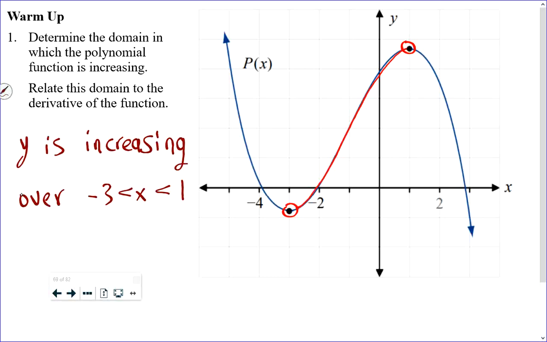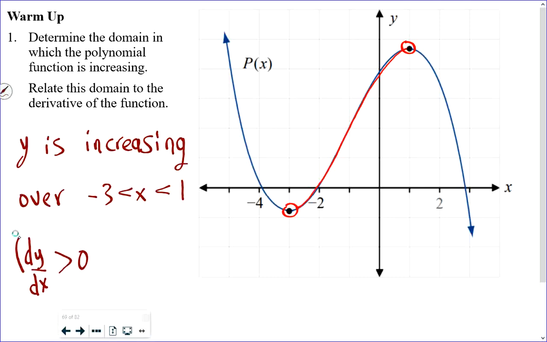And to explain why it's not increasing at -3 and why it's not increasing at 1, I think requires us to step into the realm of calculus and derivatives. The reason why y is increasing over that interval is because dy dx is greater than 0 over that interval.